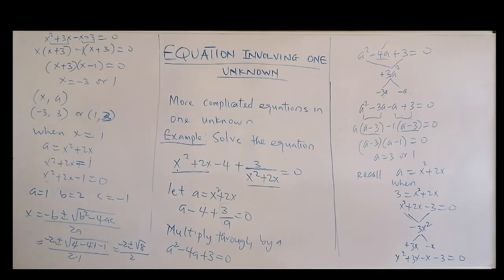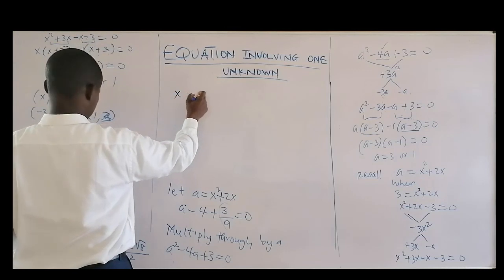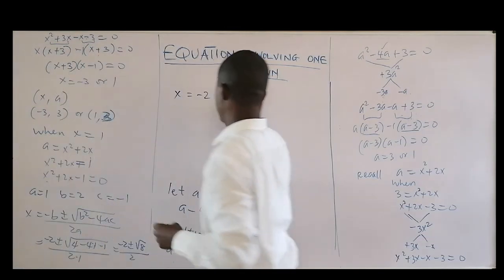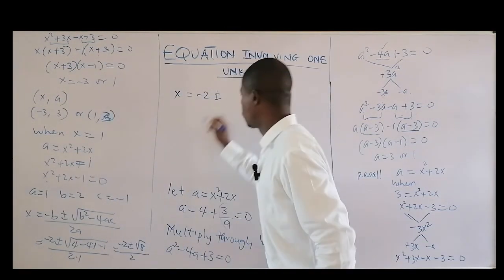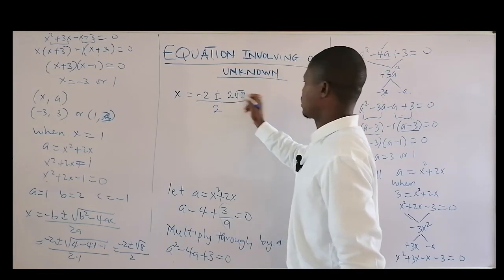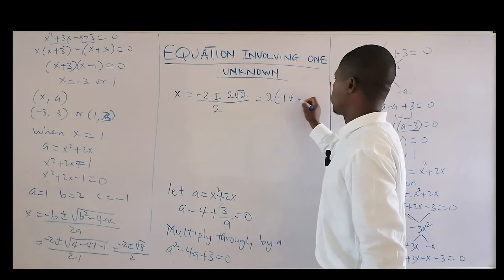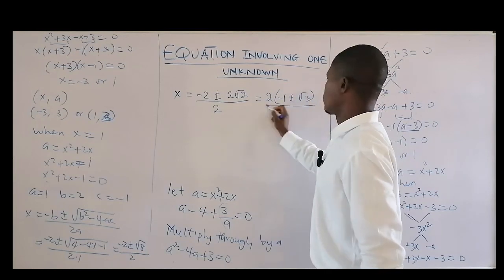Okay, root 8 over 2. Then we have x will now become minus 2 plus or minus root 8 is 2 root 2, all over 2. We can take the 2 out, and that will be equal to minus 1 plus or minus root 2 all over 2.